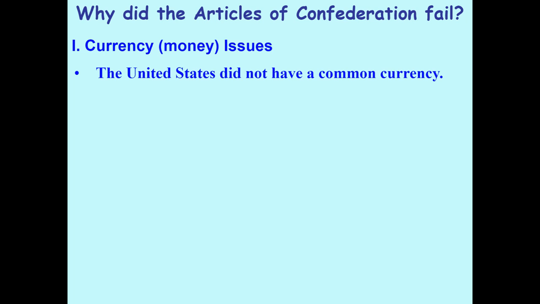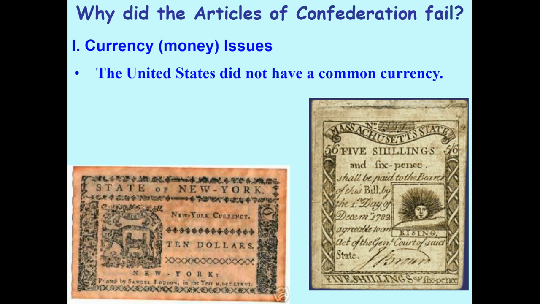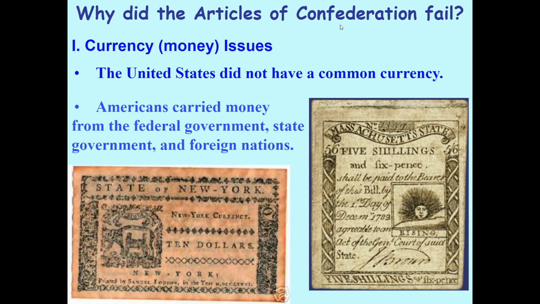For one, the states did not have a common currency, meaning that, let's say you lived in Pennsylvania and went to New York and then went to Massachusetts, you would have to exchange your money every single time you went to a new state, or have to figure out an exchange rate, meaning maybe 5 shillings in Massachusetts might have been worth 1 New York dollar. And so trade between states was actually kind of complicated.